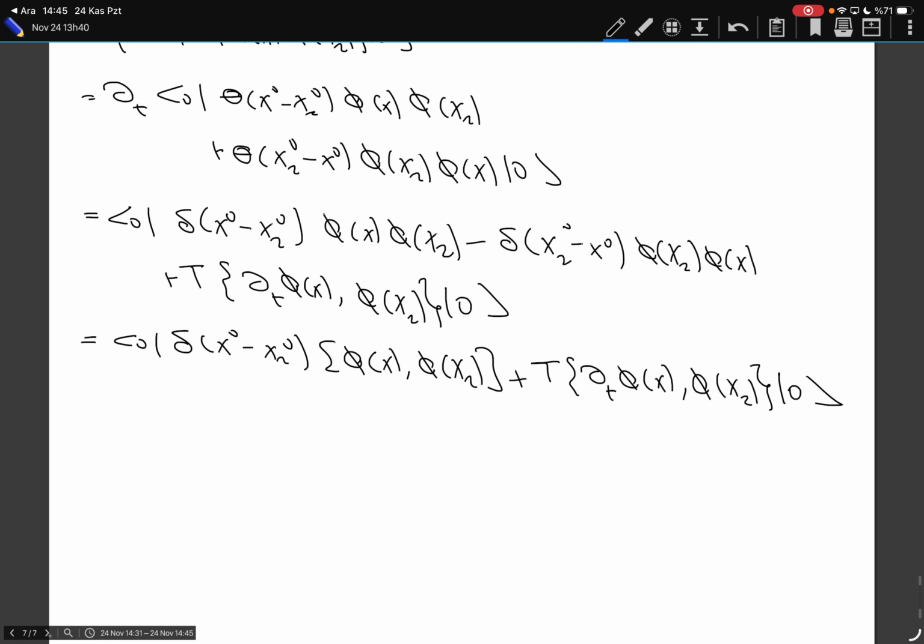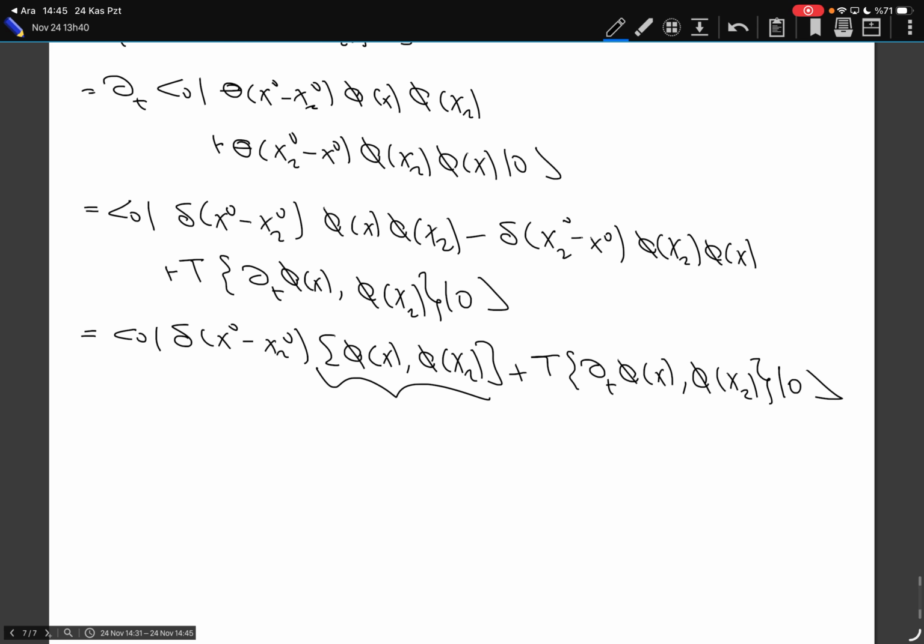Now, that commutator is an equal time commutator. So fields at different points just commute with each other at equal times. So that commutator is just Dirac delta x. Well, in fact, sorry. That is just 0.